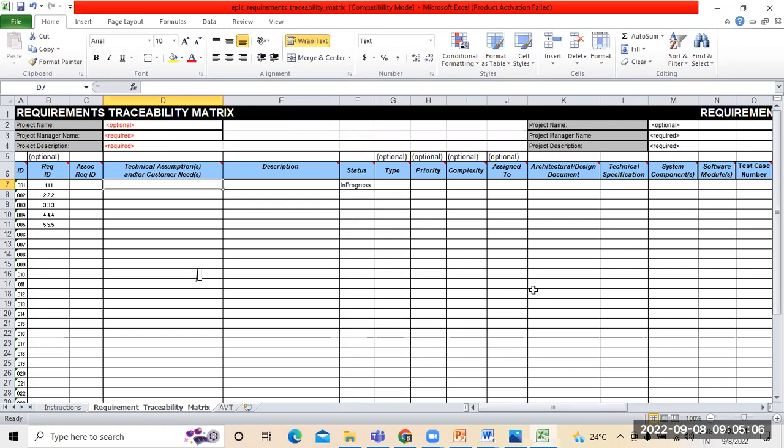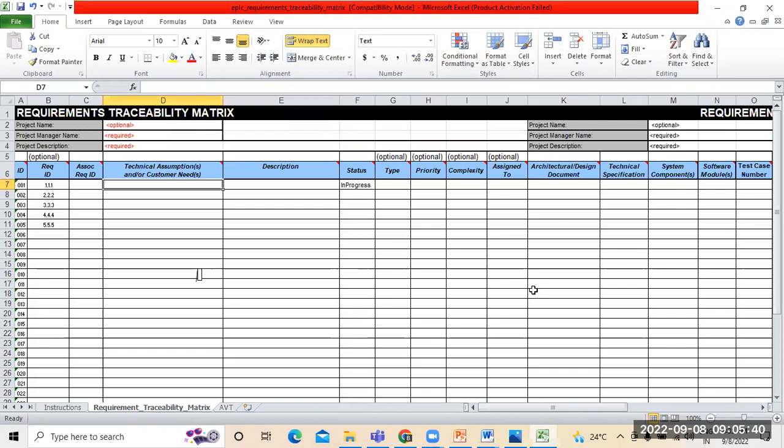So organizations usually use an application called ALM, which stands for Application Lifecycle Management tool. The best example is HPQC or HP ALM, known by different names. The requirement traceability matrix, the Excel sheet I have shown you, will be uploaded there and requirements will be constantly updated.